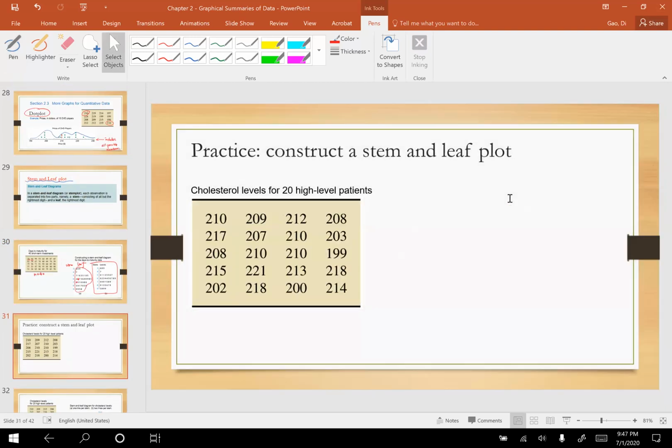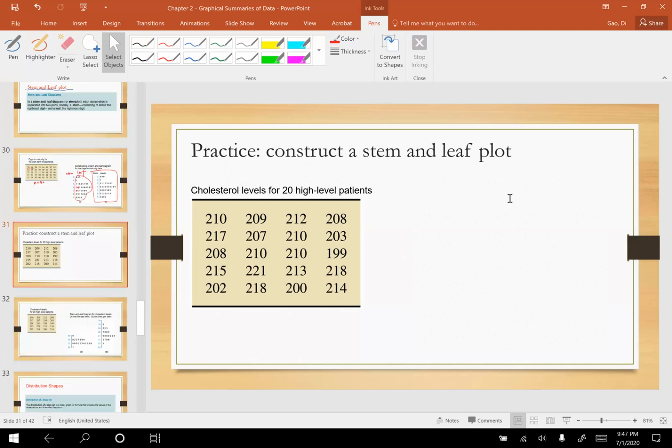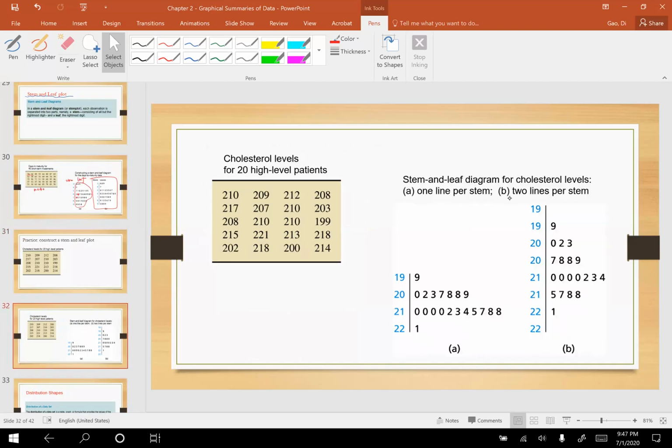Now let's look at a practice problem. We're going to construct a stem and leaf plot for cholesterol levels of 20 high-level patients. We actually have the solutions right here.